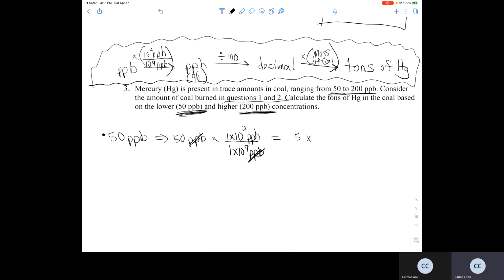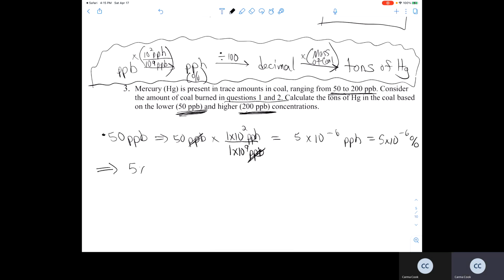You get 5 times 10 to the negative 6 parts per hundred, which is 5 times 10 to the negative 6%.